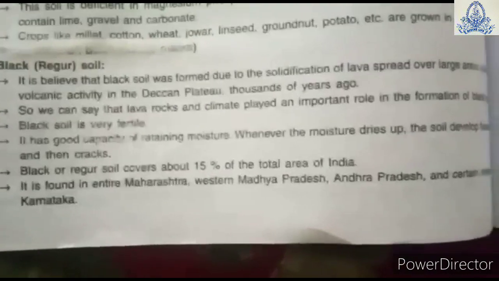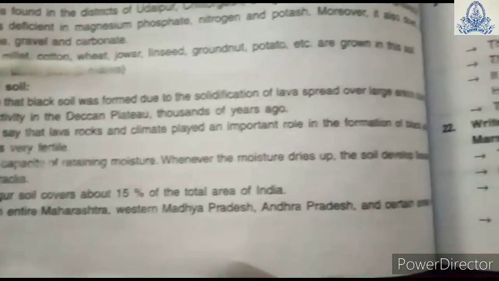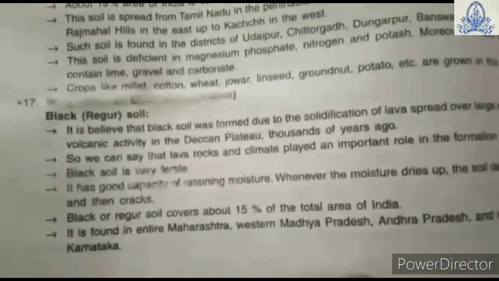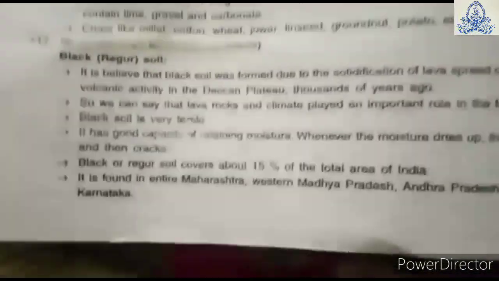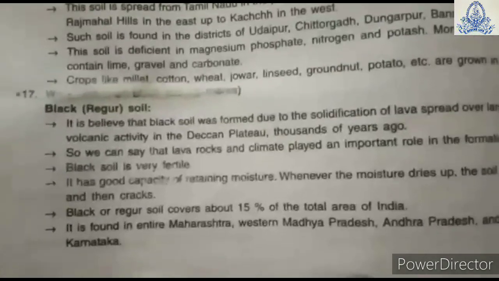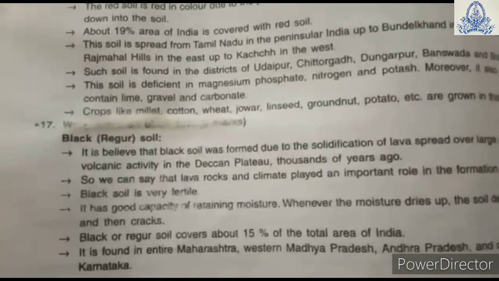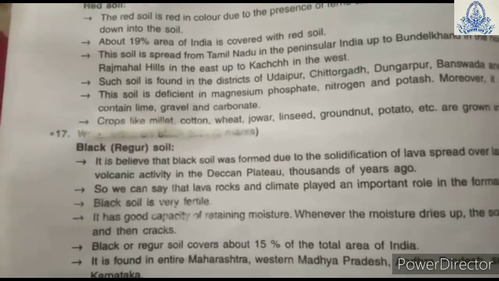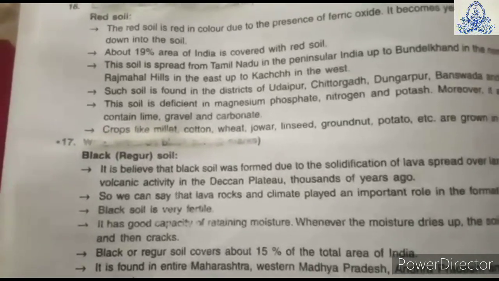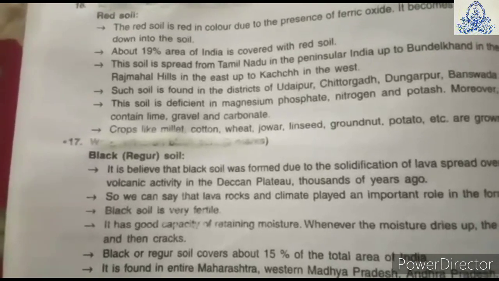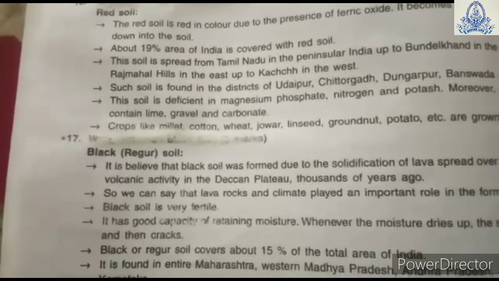It is found in entire Maharashtra, Western Madhya Pradesh, Andhra Pradesh and certain areas of Karnataka. Also you have to know that in Gujarat, black soil is found in Surat, Bharuch, Narmada, Vadodara and Tapi. Crops like cotton, mustard, groundnut, tobacco grow in this soil.